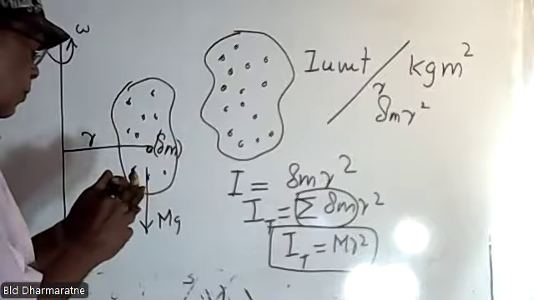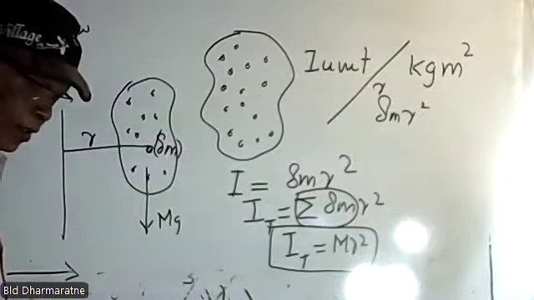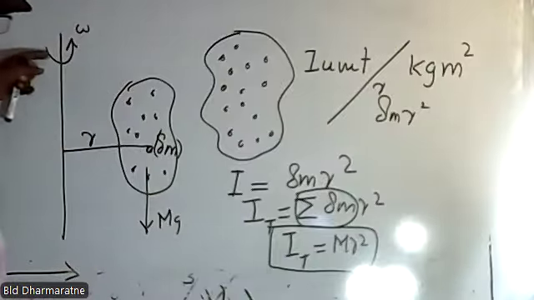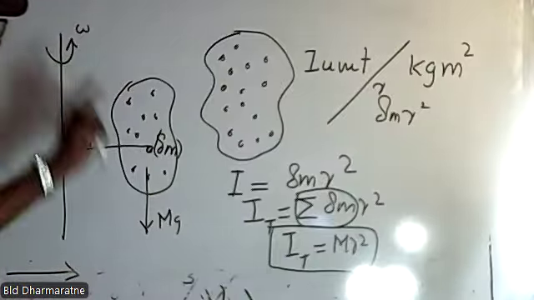That is the moment of inertia for a body rotating about this axis, the omega rotating axis.